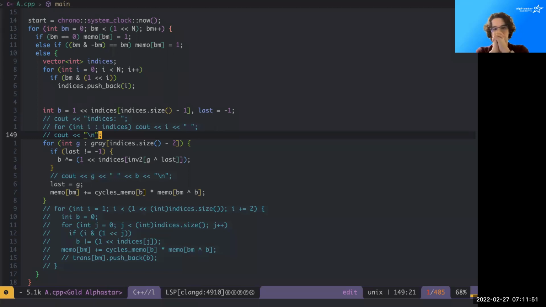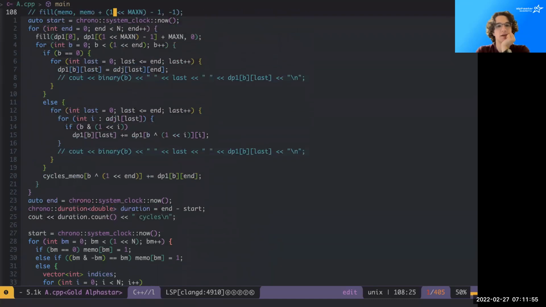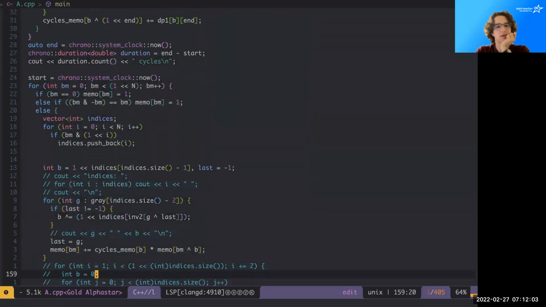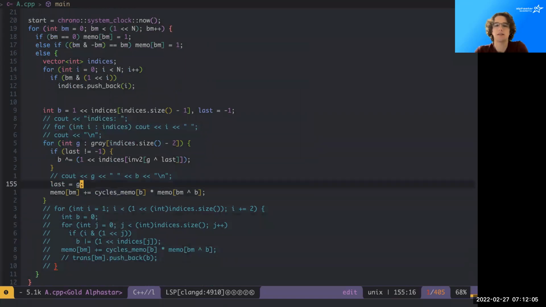Nope. Okay, so the cycles thing takes like 0.3 of a second, even in the worst case, and maybe that can be improved, but I don't think that's what we're doing here. We dropped a whole factor of n by doing the gray codes, which is actually quite nice. For a whole factor of n, we're still TLEs.